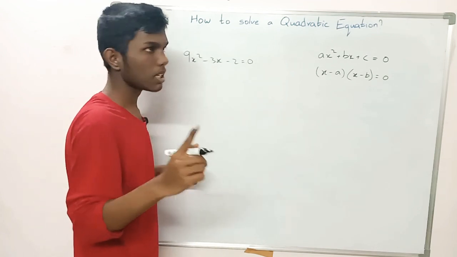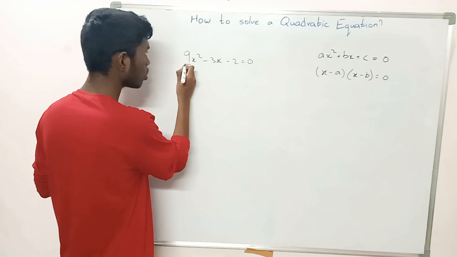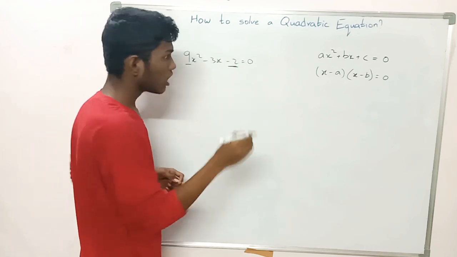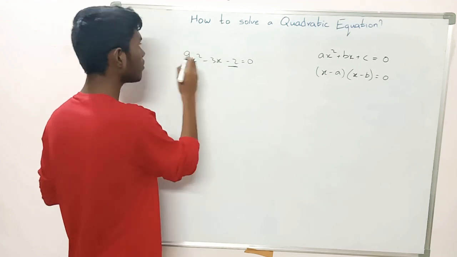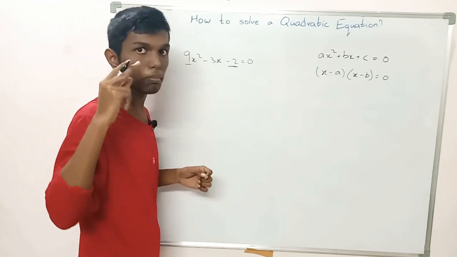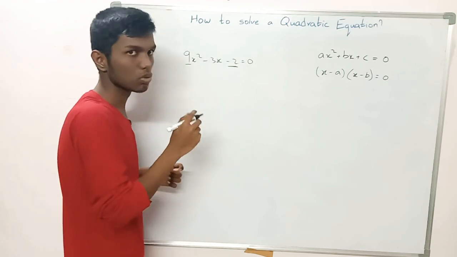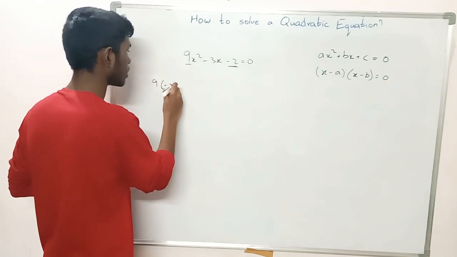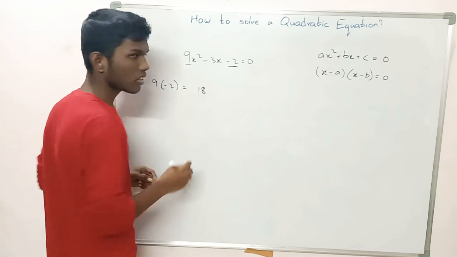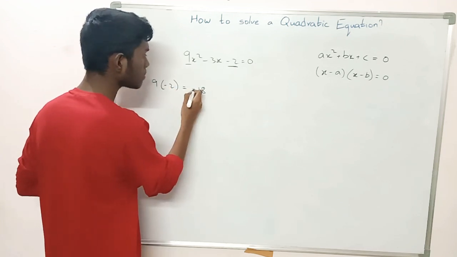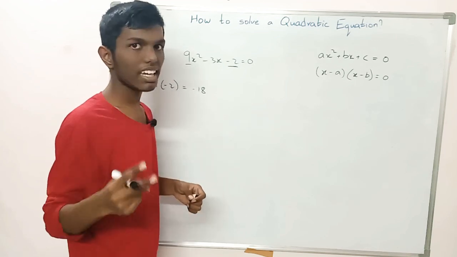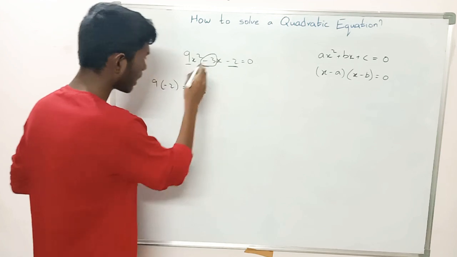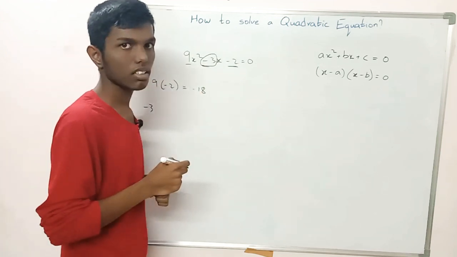The first step is to multiply the coefficient of x square and the constant term. Remember, with the sign: if we got minus 2 here, then the term is minus 2. Multiply then: 9 into minus 2 gives you 18, and plus into minus is minus. The second step, write it down aside.